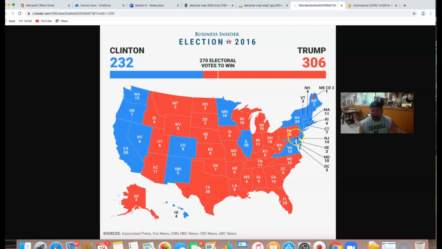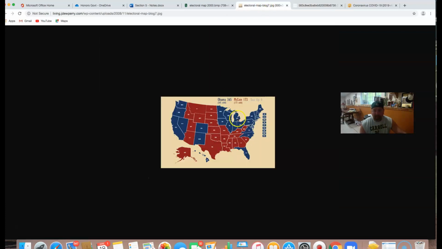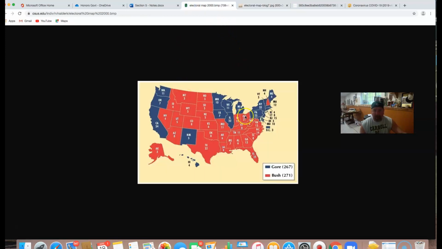President Trump broke into this region here. He kept the South, all of the South. He broke in, got Ohio, and then really here, boom, boom, boom. These three states, Pennsylvania, Michigan, Wisconsin, in previous elections have gone to the Democrat. Even when Gore lost, Pennsylvania, Michigan, and Wisconsin, he won.